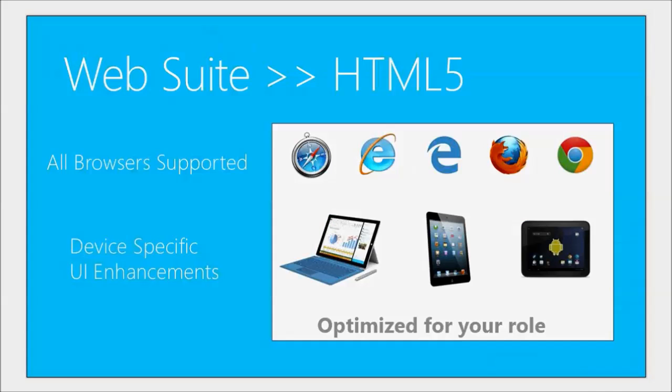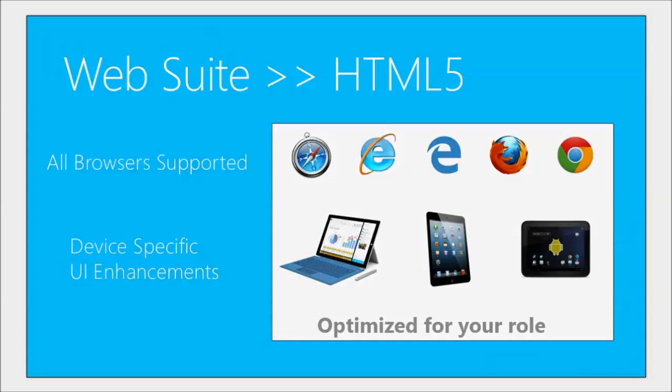The limitation for adoption of web client was it being written in a proprietary technology called Silverlight that had it stuck in Internet Explorer. Well, with the release of 2016, we've actually ported that over to HTML5, and that allows us to use any browser you wish, from Mozilla to Chrome to Safari.